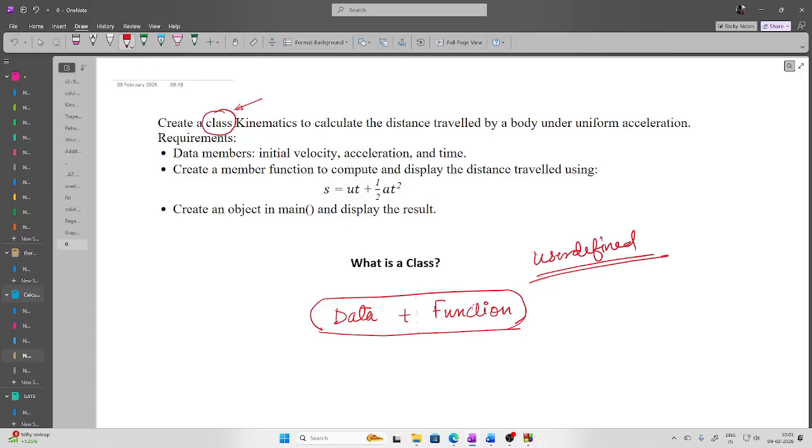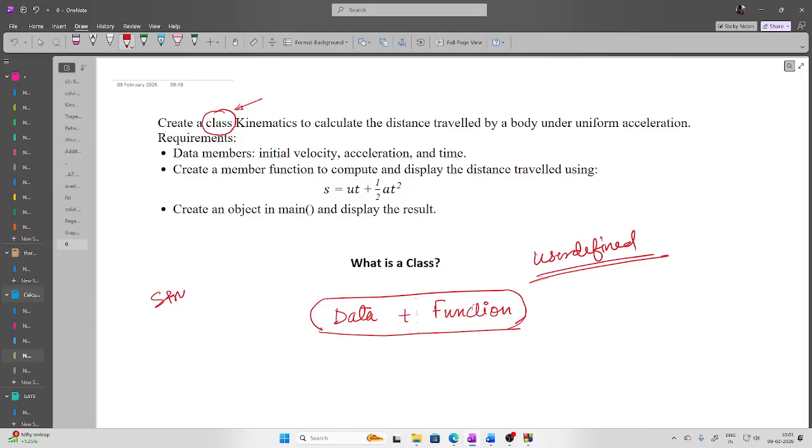But now you can argue, sir, previously we have also seen that data and functions are kept inside one particular structure, but now you are saying this is a class. Why? Because there is a difference.